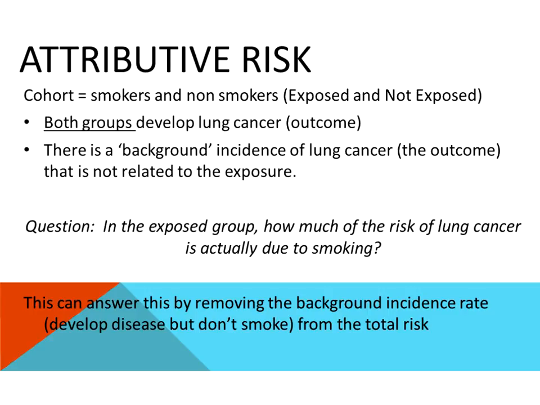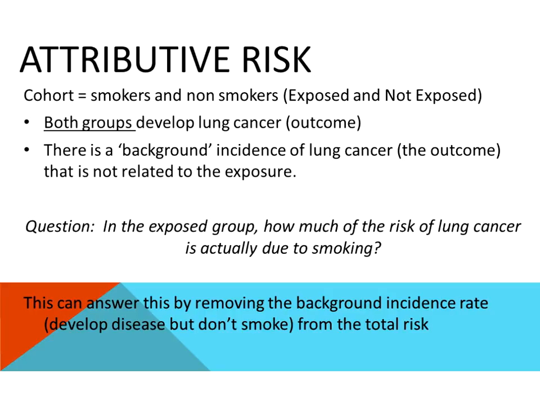So what's our attributable risk? Our attributable risk is something that's really hard to say. So in our cohort of smokers and non-smokers, we had exposed and unexposed. But there is some background level of people who develop lung cancer even though they don't smoke.